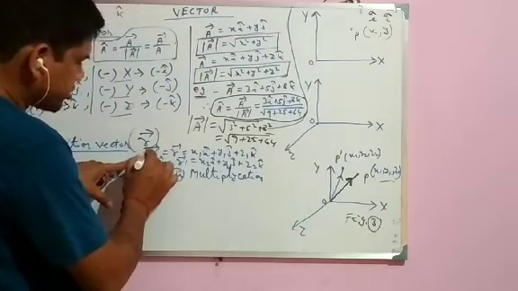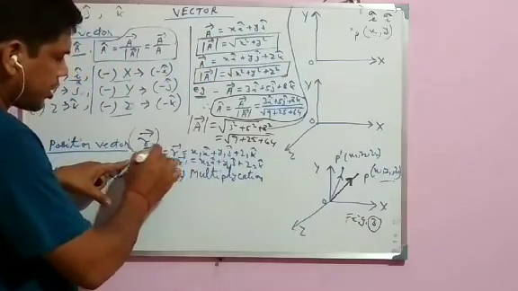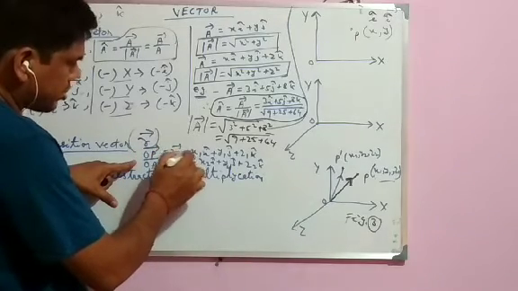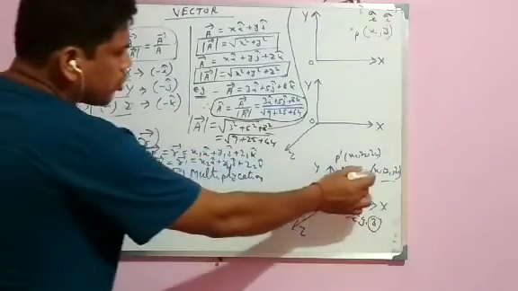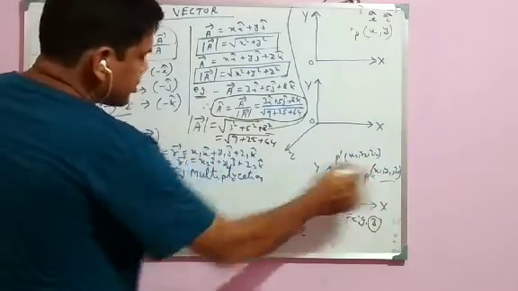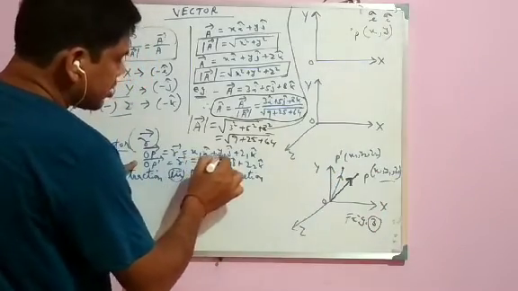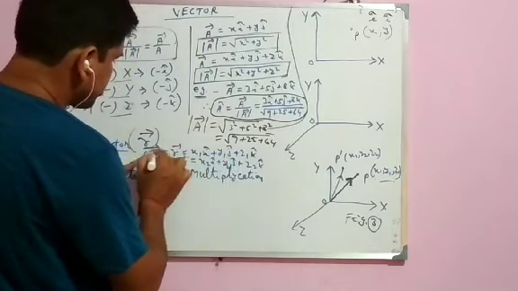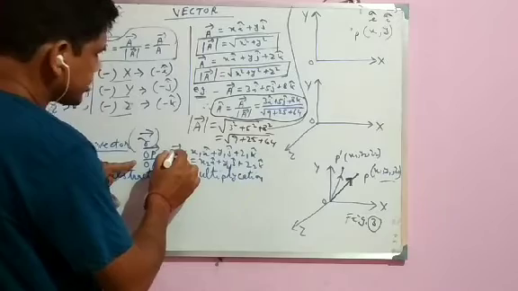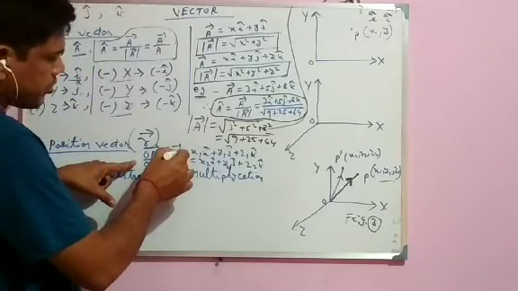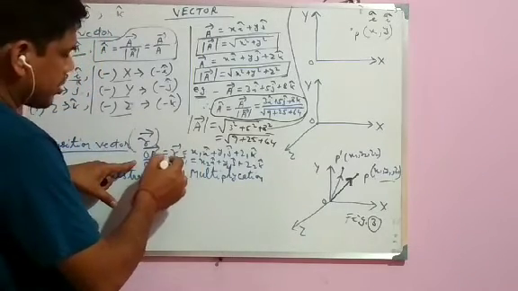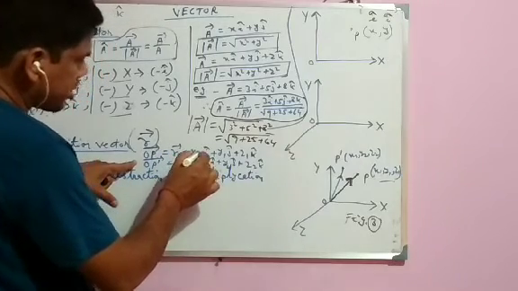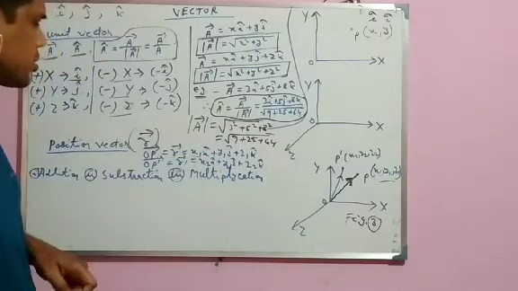It is a vector quantity, that's why we have to put an arrowhead over it, which is equal to vector r, small r, equal to x1 i hat plus y1 j hat plus z1 k hat. So this is the position vector of point P, here represented by small vector r, and its value is x1 i hat plus y1 j hat plus z1 k hat.